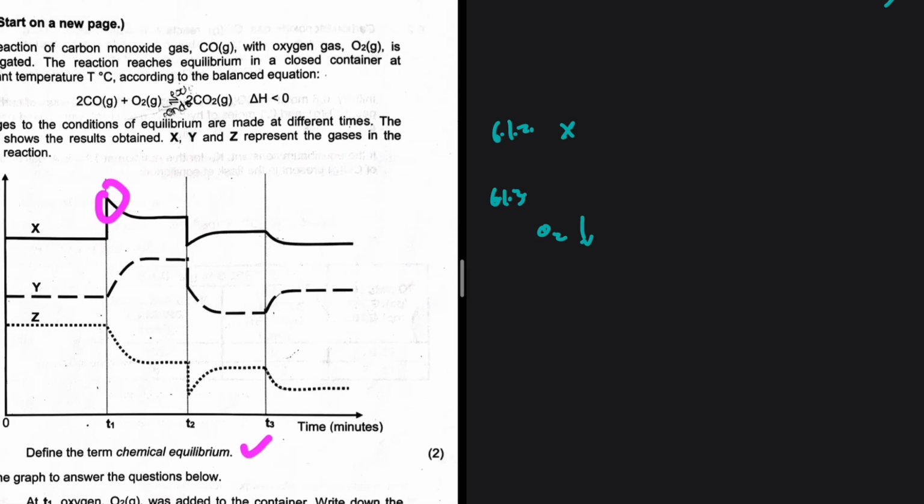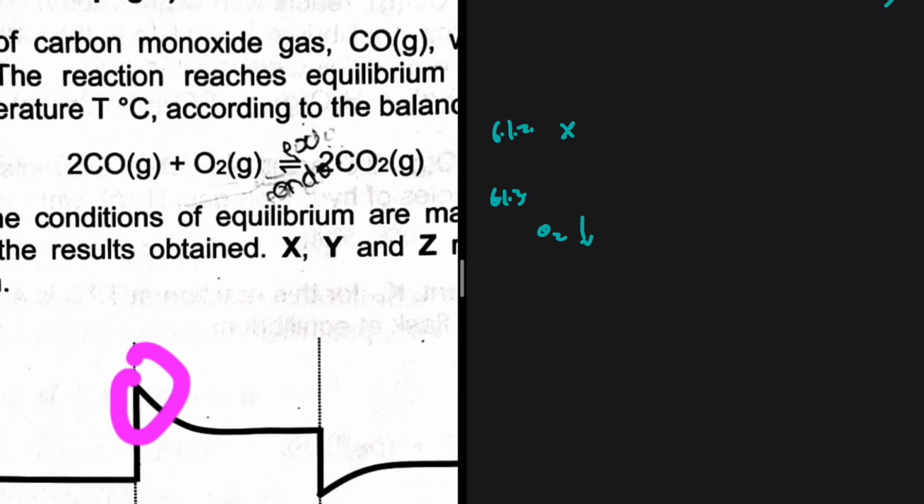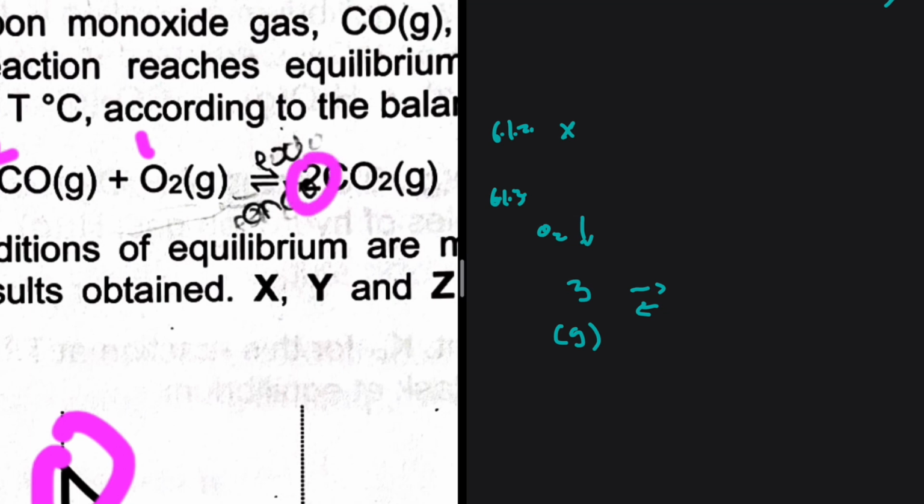So let's take a look at our reaction. On the right hand side, we have 2 plus 1, so 3 moles on the right hand side, and then on the left hand side we have 2.